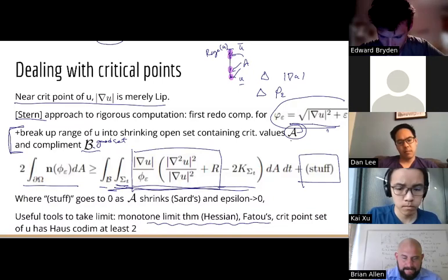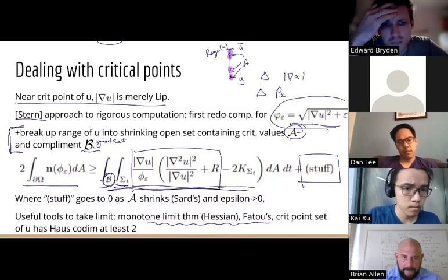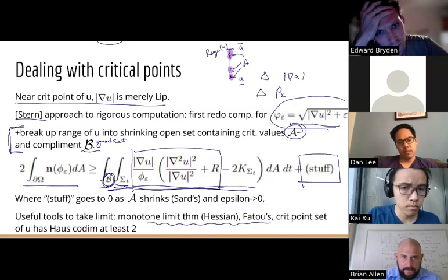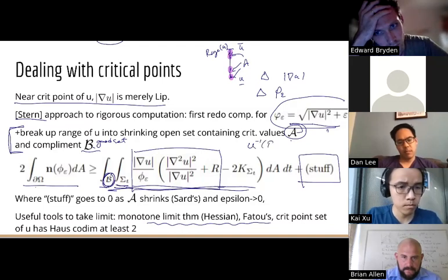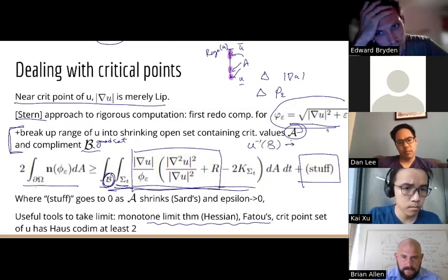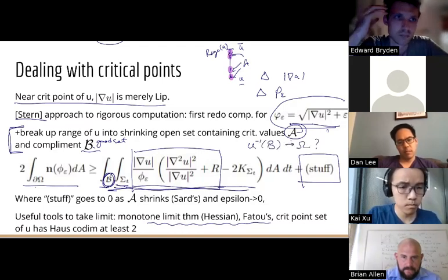Now there's still some kind of funny business going on here, since I've written this in a co-area kind of way, and as you take the measure of A going to 0, it's not clear to what extent U inverse of B will approach all of the region omega.